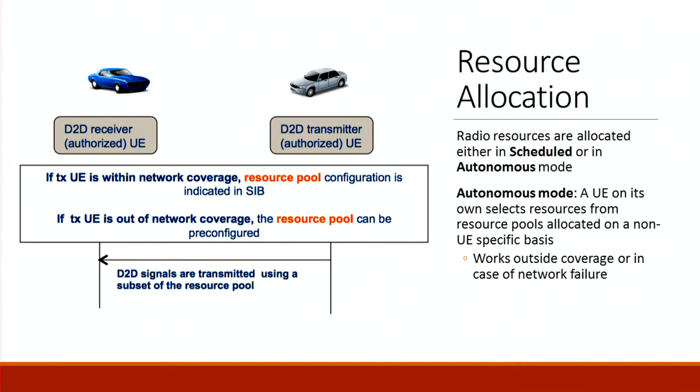You just don't have enough. You've got to, at some point, reuse some resource pools for cars that are out of coverage, so that you may have 3, 5, 30, 10, 100, who knows, cars who are allowed to use the same resource pools. That's something that can't be helped. So it works outside coverage or in case of network failure.